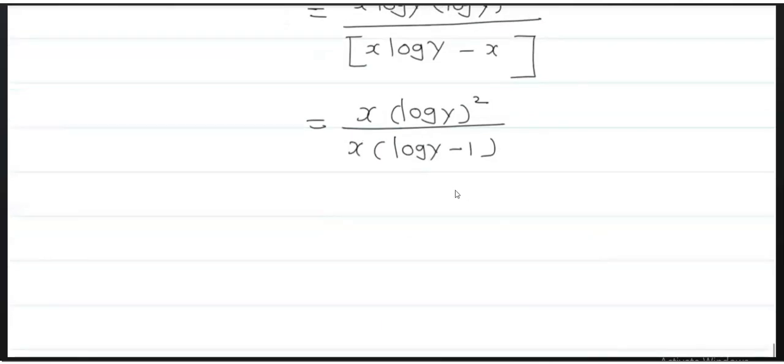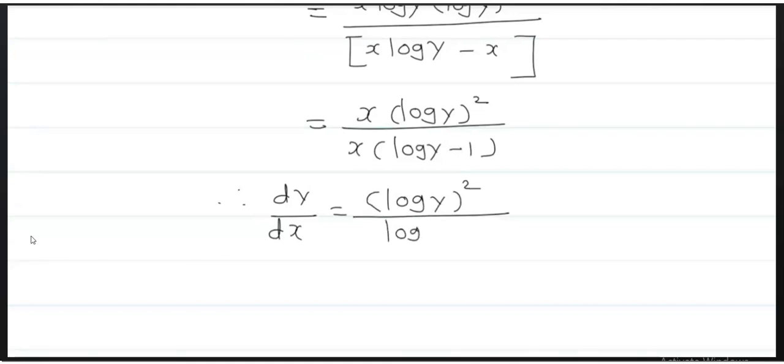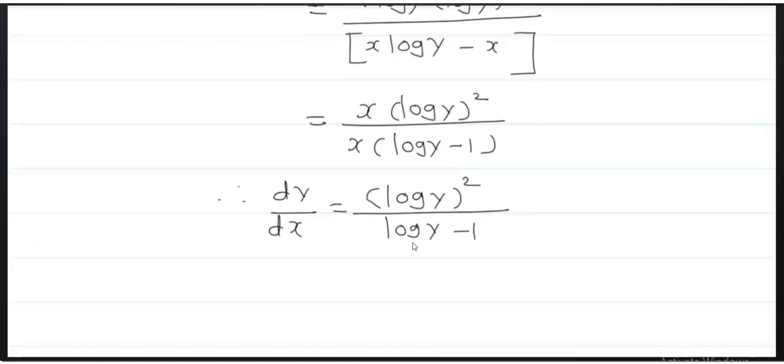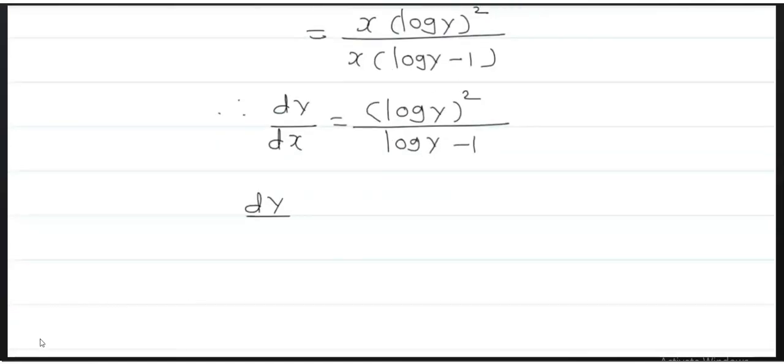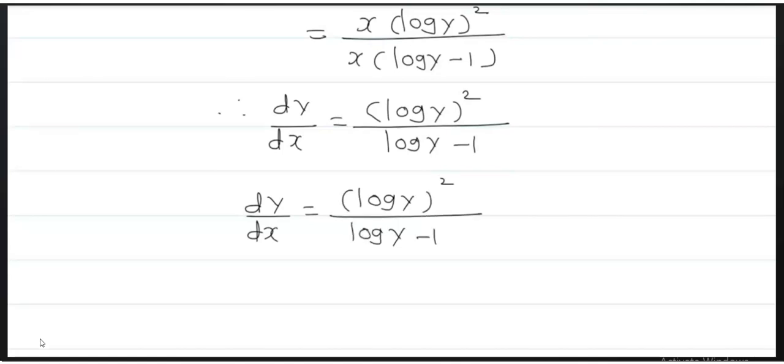That is x into log of y bracket square upon x in bracket log of y minus 1. That is, x cancels: log of y bracket square upon log of y minus 1. Therefore, log of y bracket square upon log of y minus 1.